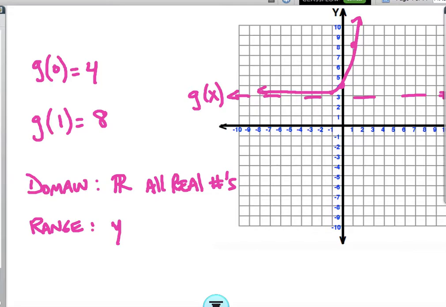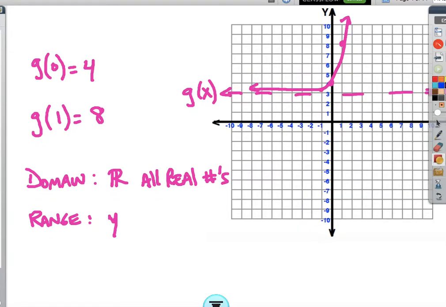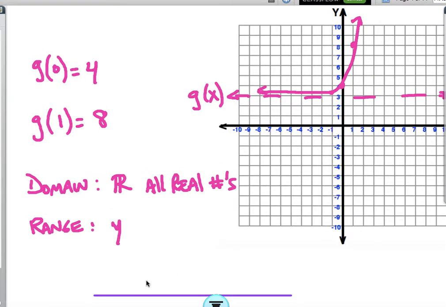Let me get a little horizontal line. I think that might help. Okay, so we're looking bottom to top. And if we look at starting down here, there's nothing. There's nothing pink down here until you get here.